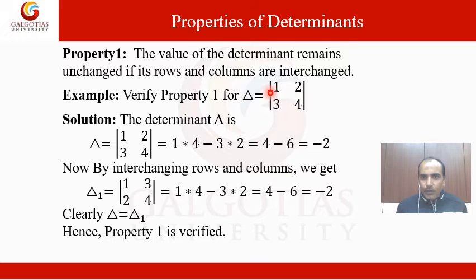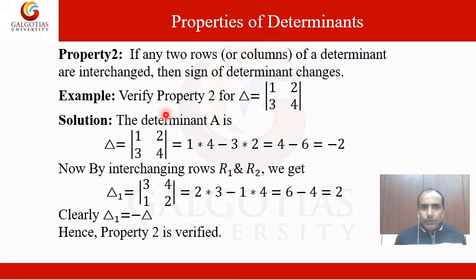So 1 3 is a column, we write here as a row; 2 4 is column 2, so we write here as a row 2 4, and find the determinant. We see the value of determinant is again minus 2. It is clear that delta and delta 1 both are equal, so property 1 is verified.